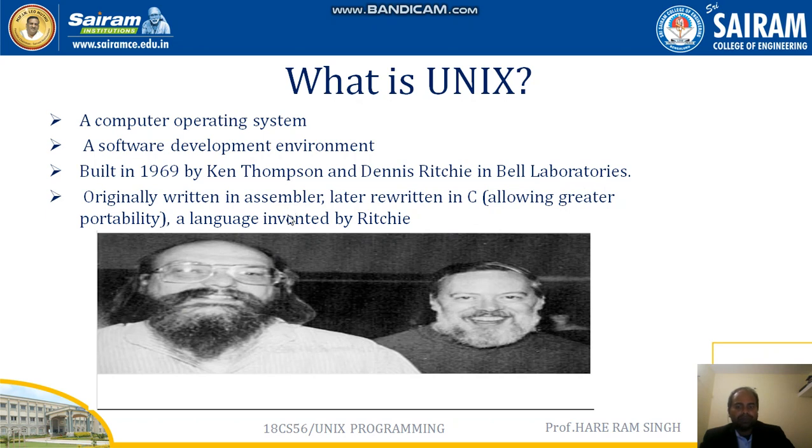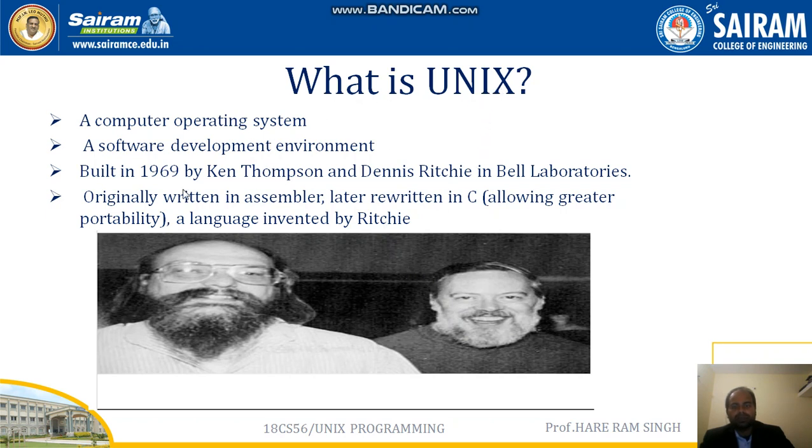Originally it was written in assembly language. Later, it was rewritten in the C programming language. And the C programming language was invented by Dennis Ritchie. So this is Dennis Ritchie, and he developed the C programming language.